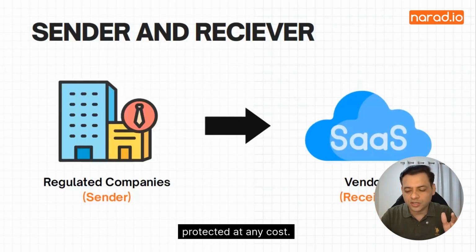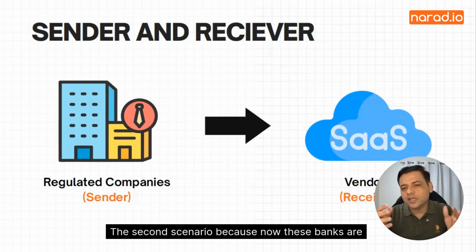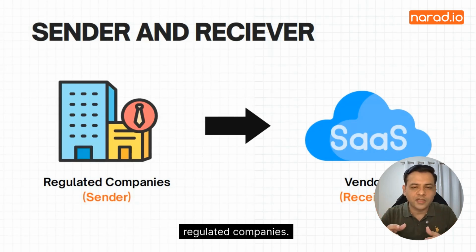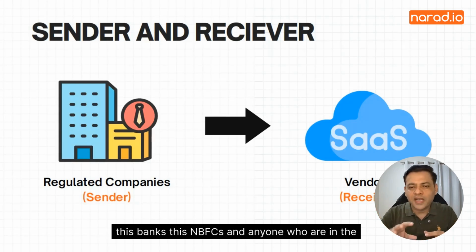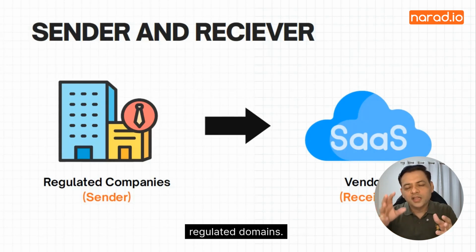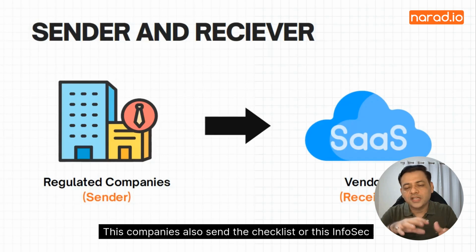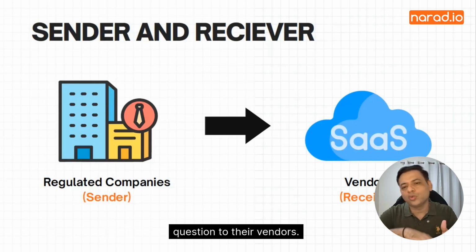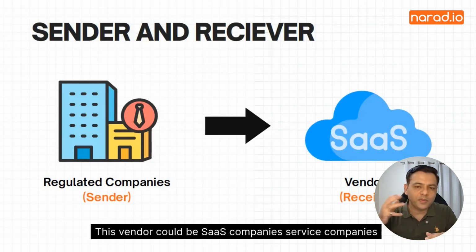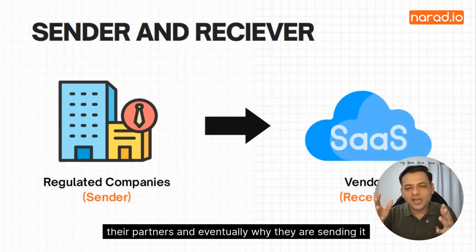The second scenario: these banks are regulated companies, so these banks, these NBFCs, and anyone in regulated domains also send the InfoSec questionnaire to their vendors. This vendor could be SaaS companies, service companies, or their partners. Why are they sending it?